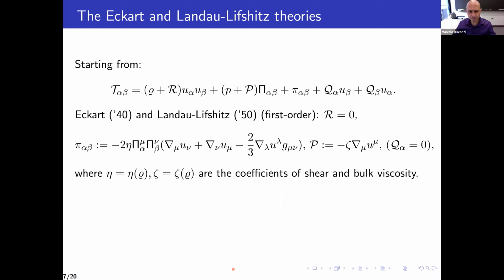So the first theory of relativistic viscosity goes back to the 40s and 50s, proposed by Eckart and Landau-Lifshitz. These are first-order theories defined as follows. The viscous correction to the density is set to 0, and the viscous shear stress and the viscous correction to the pressure are given by these complicated expressions.